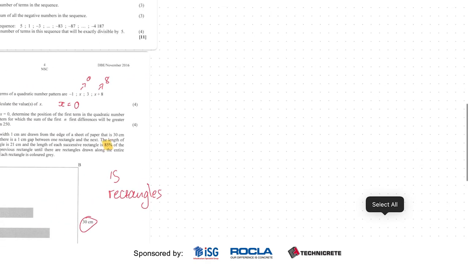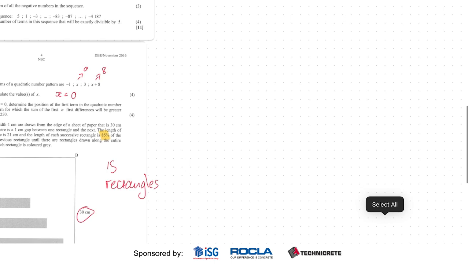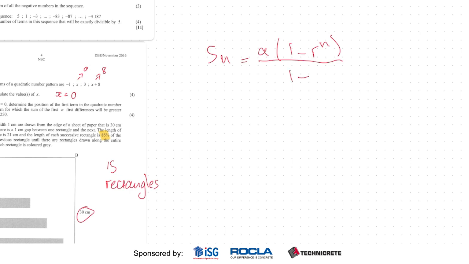Okay. So first things first, let's do a sum of the 15 rectangles. We'll use the equation for the sum of a geometric series. I believe this is the equation. And of course, r can't be equal to 1, else you have 0 in the bottom and then it doesn't make sense.